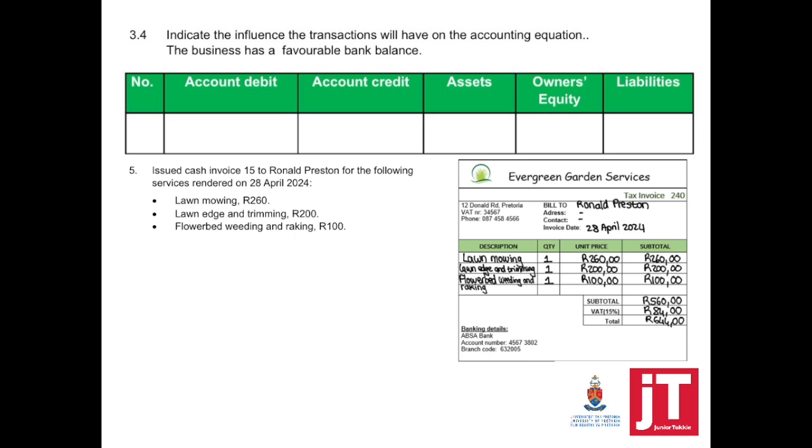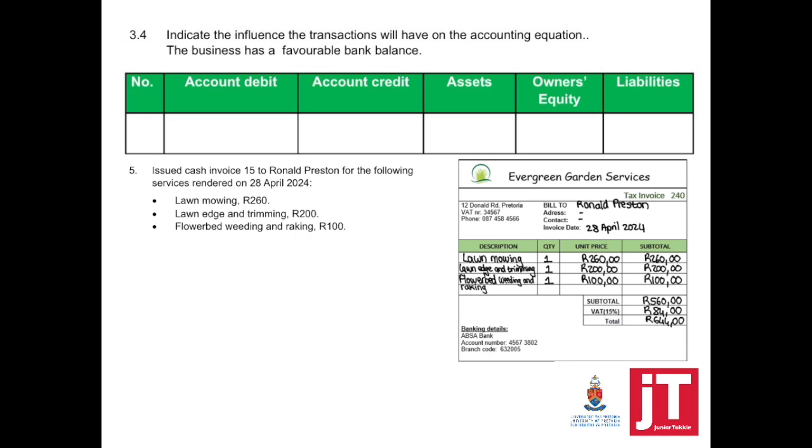Issued a cash invoice to Ronald Preston for the following services rendered on 28th of April. We've calculated that the total amount Ronald needs to pay us is 560, but this is excluding VAT. If we take that into consideration, the total amount is 644.